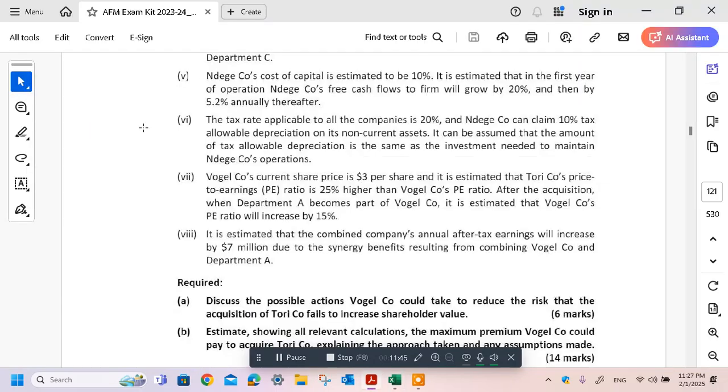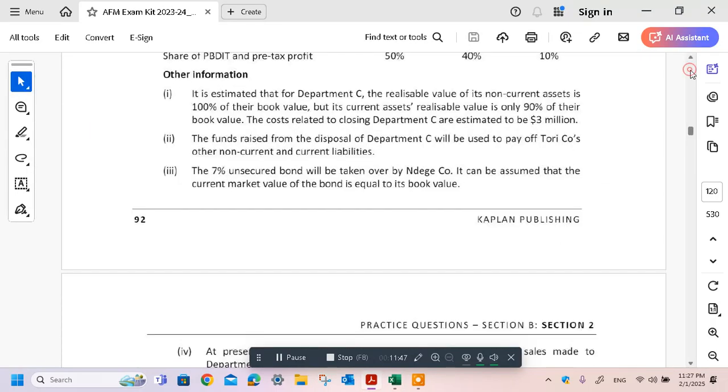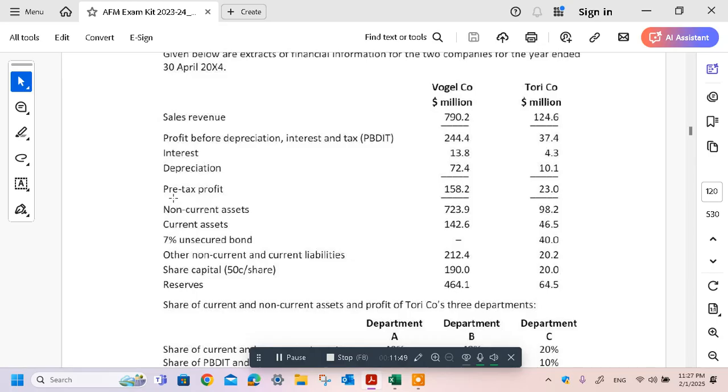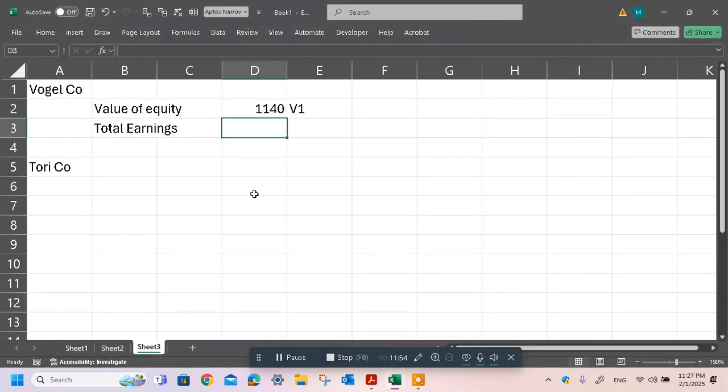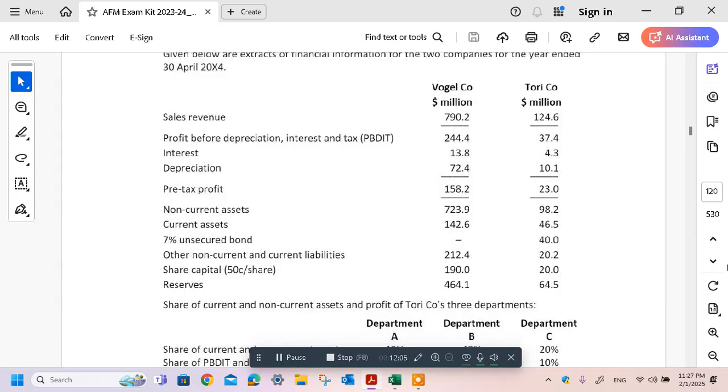This is of Vogel itself. Total earnings, I remember the statement was given. Pre-tax profit is given 158.2. Pre-tax profit. Okay. So equal 158.2 multiplied by 1 minus tax. How much is the tax rate?